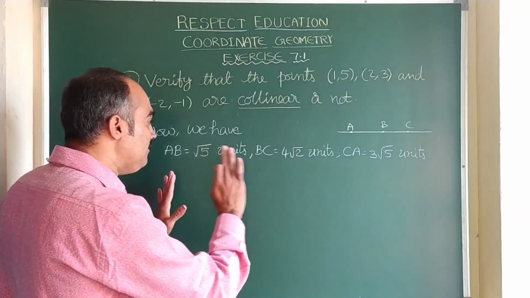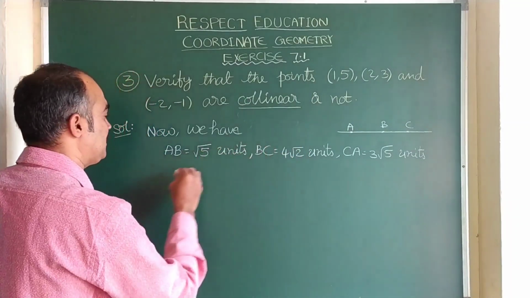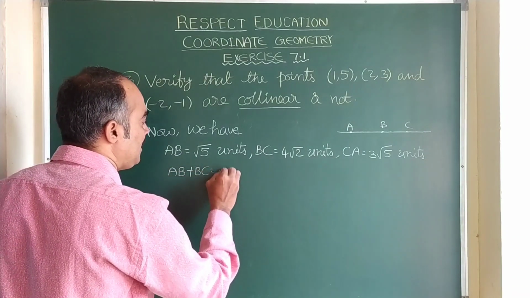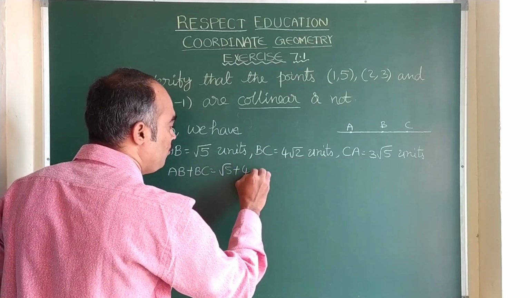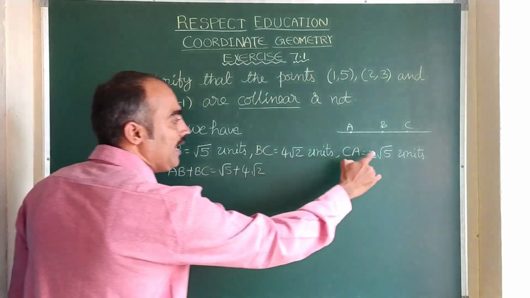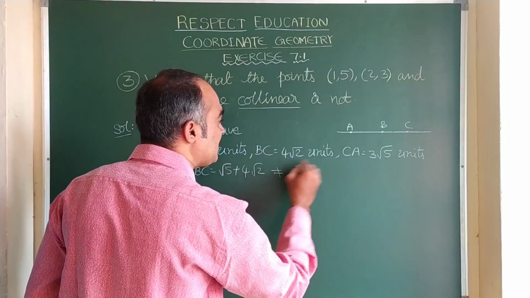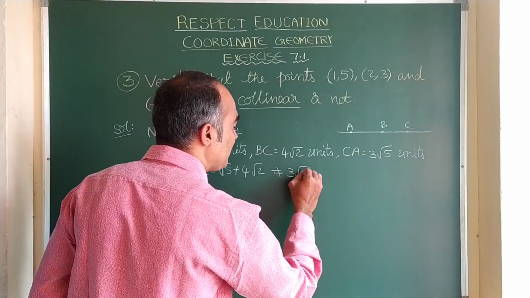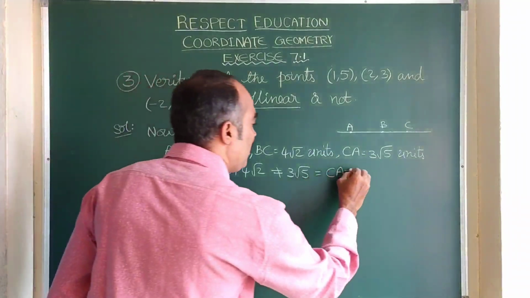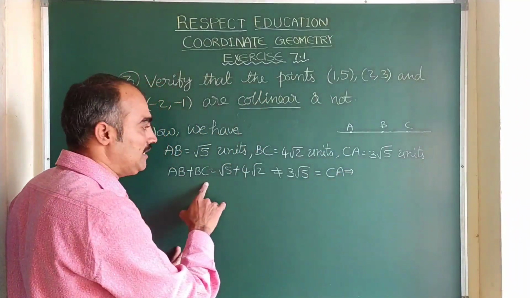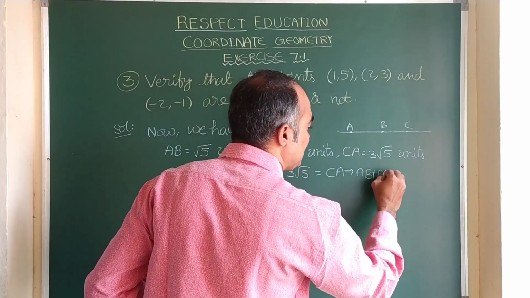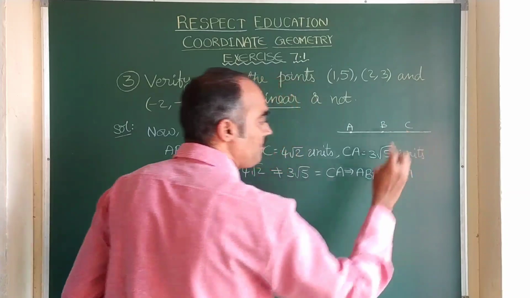So we should leave the value as it is. AB plus BC means root 5 plus 4 root 2, right? This value cannot be equal to CA, which is 3 root 5. So AB plus BC is not equal to CA.